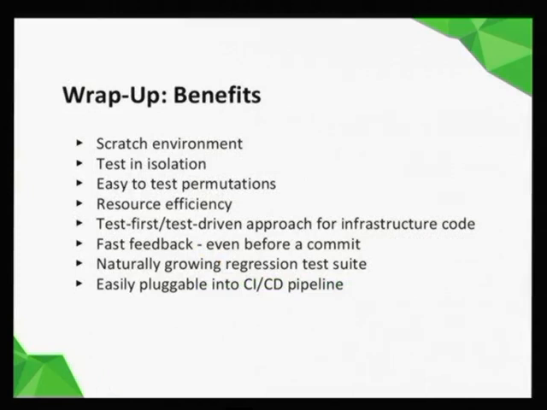So, wrap-up thoughts, benefits. Scratch environment: testing from scratch is really important from a quality perspective. Isolation: we're able to test everything in Docker even before it gets to any kind of real machine. Easy to test permutations.